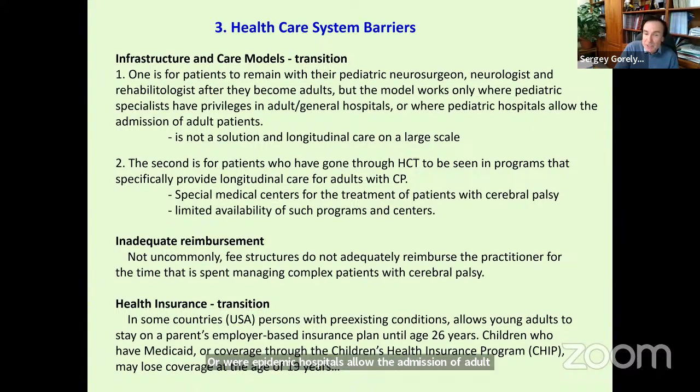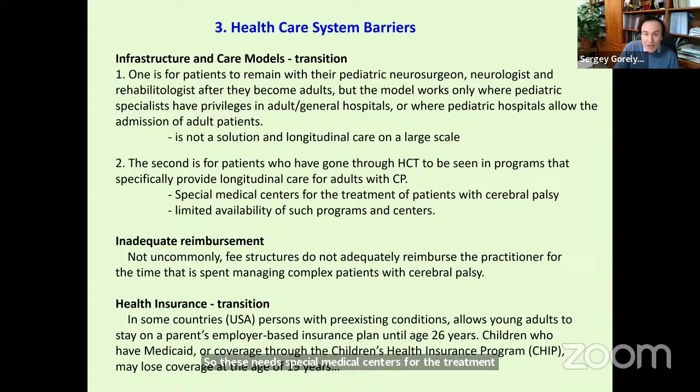So it's not a solution for long-term care on a large scale. The second model may be for patients who have gone through healthcare transition to be seen in programs that specifically provide long-term care for adults with cerebral palsy. So these need special medical centers for the treatment of patients with cerebral palsy.